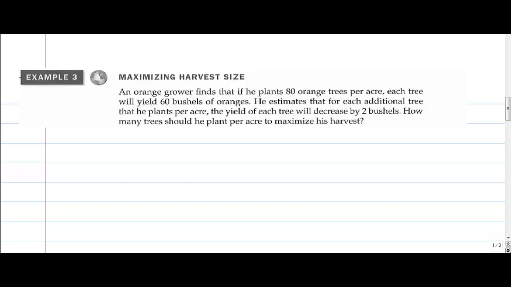Alright, first thing you always want to do is write down what your variable is, right? So x, it says he estimates that for each additional tree that he plants per acre. So let x be the number of additional trees per acre.